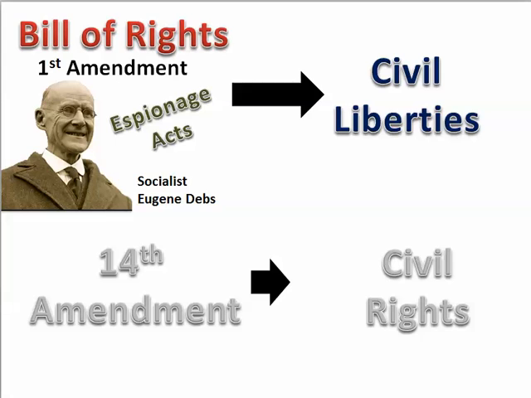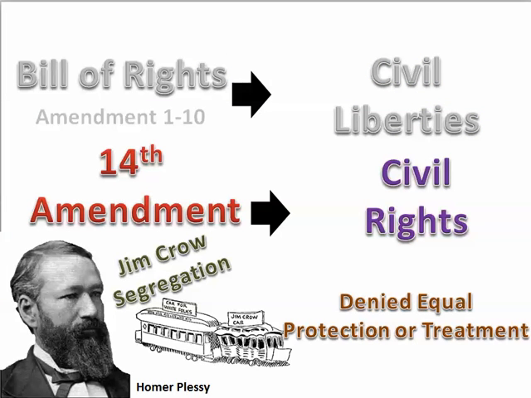An example of civil rights down here was when we saw where Homer Plessy in the Plessy versus Ferguson case in 1896 was made to sit on a separate train because he was 1/8 African American, what they called back at that time an octoroon.